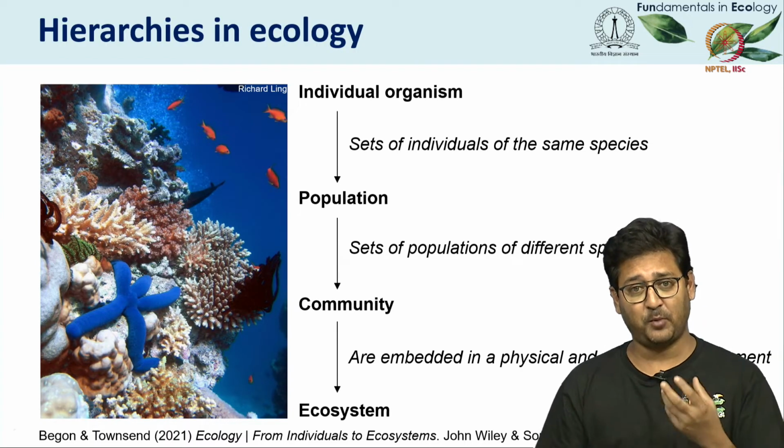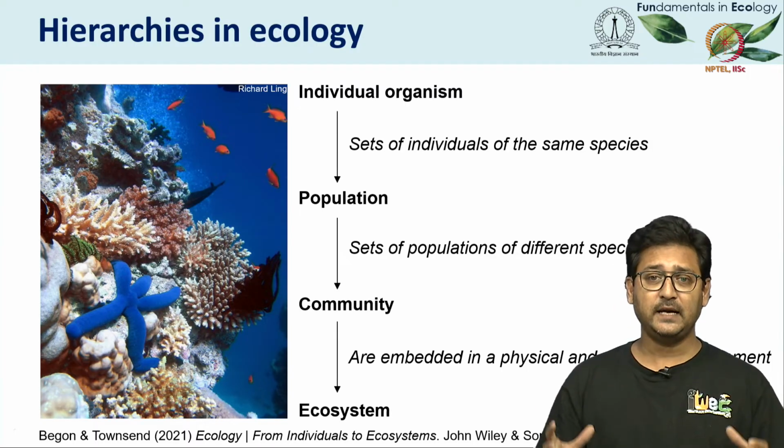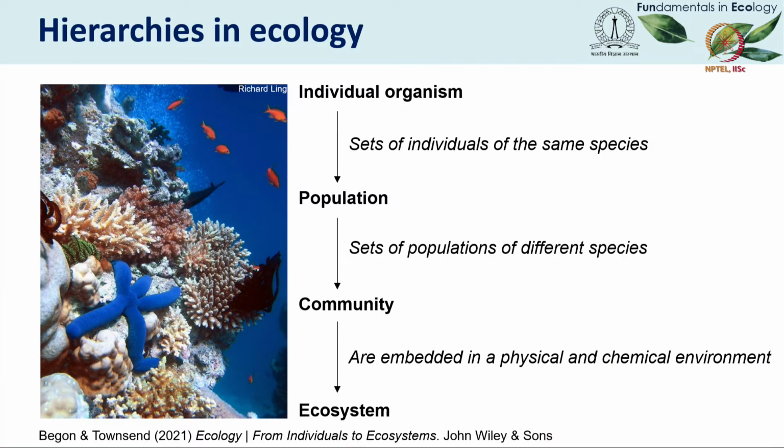A set of populations of different species then forms what is called a community. A community is simply the presence, distribution and abundances of multiple populations. So a community is a set of populations, just like a population is a set of individuals.